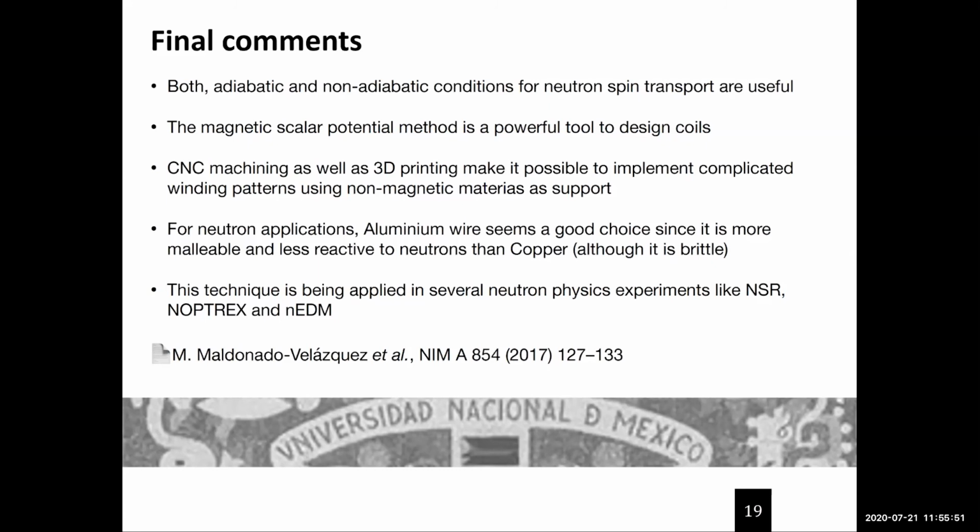But I think the main lesson is that we think now that 3D printing is a better choice for this type of coils. It's more precise, the placement of the winding paths.